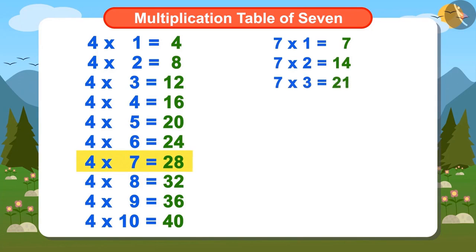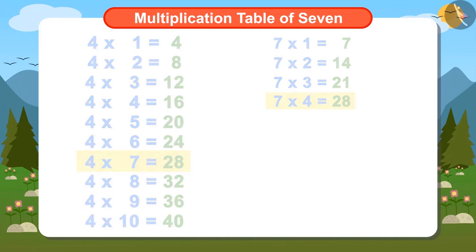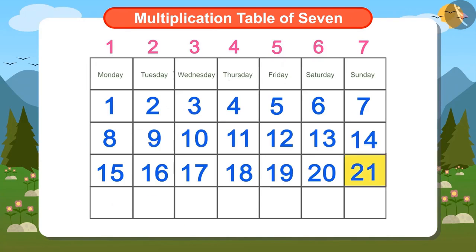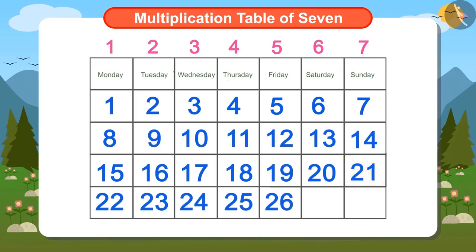So this means 7 multiplied by 4 will also be 28. This means that the Sunday after 21st will be on 28th. Now Ayushman knows that he will be going out on dates 7th, 14th, 21st and 28th of this month.